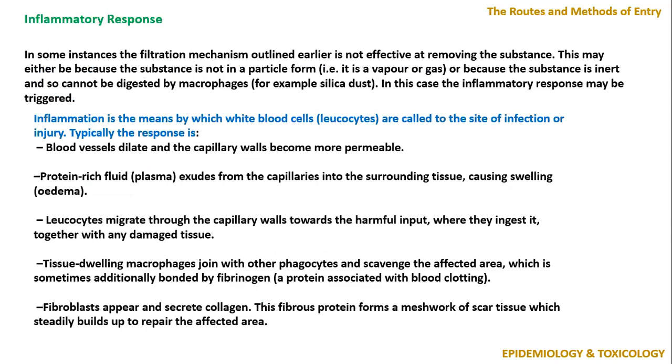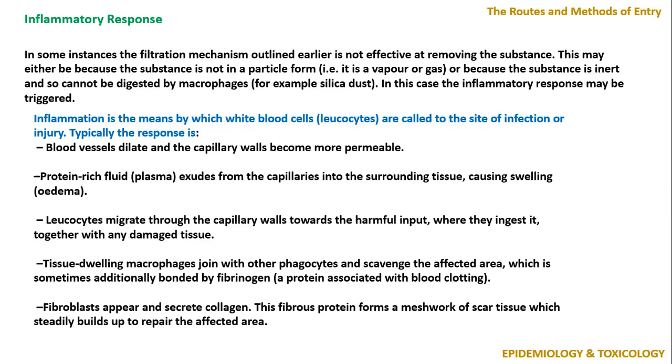Now the next innate immune system is the inflammatory response. The lungs basically filter out particles when they are in solid form. But if the substance is in vapor or gaseous form, it cannot be removed.